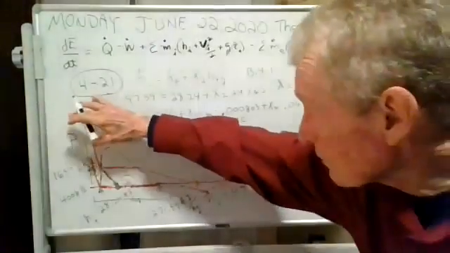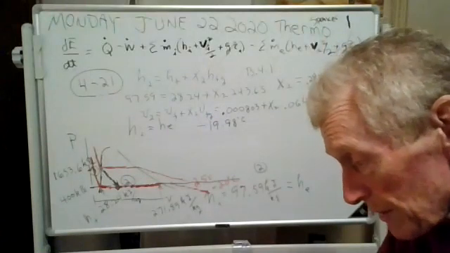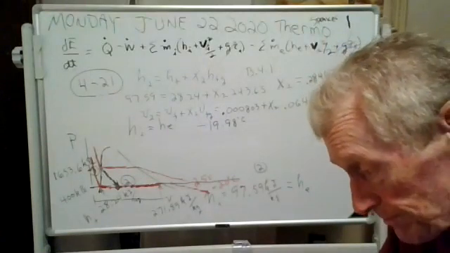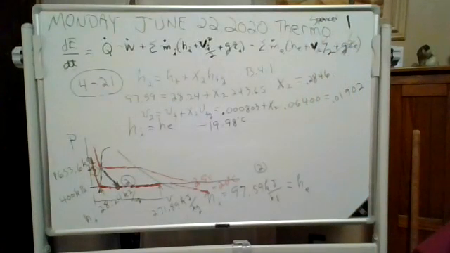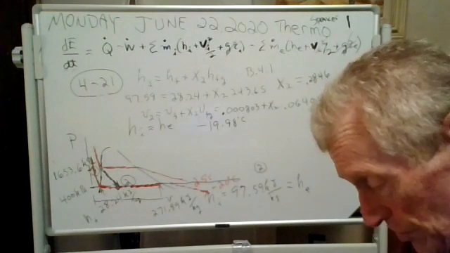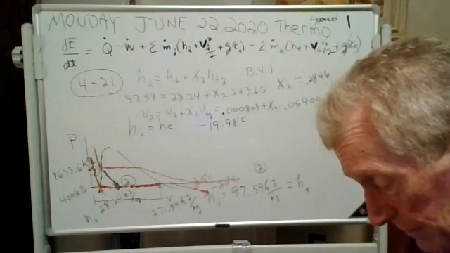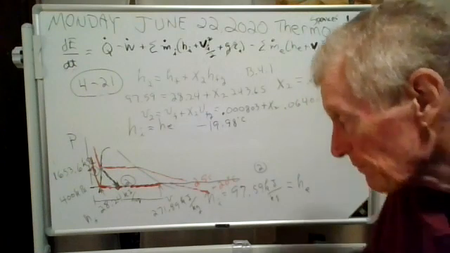We're doing problem 421. It's a throttle, and it's using refrigerant R410A. They want the percentage increase in the volume flow rate.